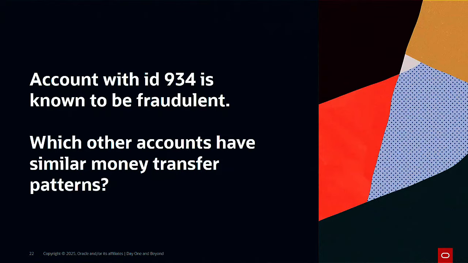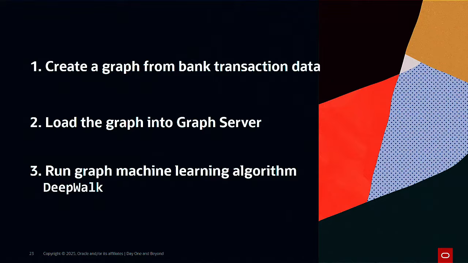So in the demo, we'll show how you can create a graph from bank transaction data, load the graph into graph server, which is a specialized high-speed server for running algorithms, and then we'll run the graph machine learning algorithm, deepwalk.